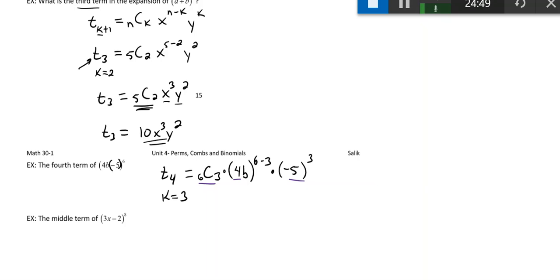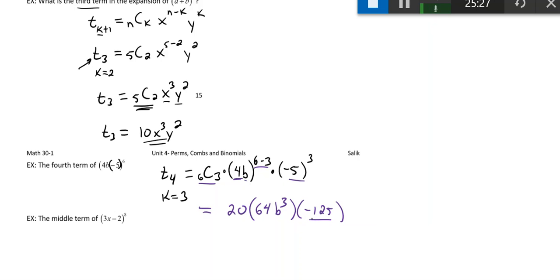So if you simplify it all down, I'll do one more here. So I'll say is equal to 6c3. Actually, let's just call that a number now. So you put that in, 6c3 is really 20, times 4 to the power of 3, which is 64, and then b to the power of 3, times negative 5 to the power of 3, which is negative 125.